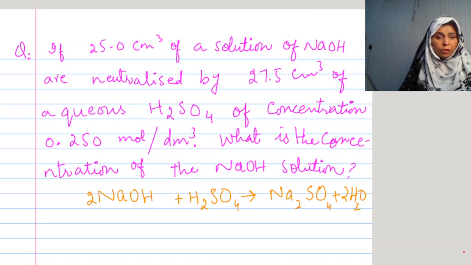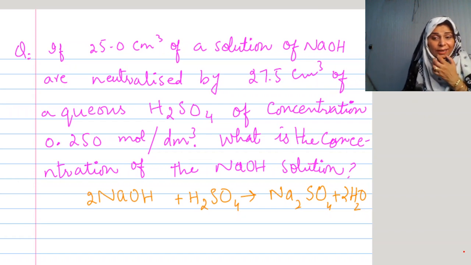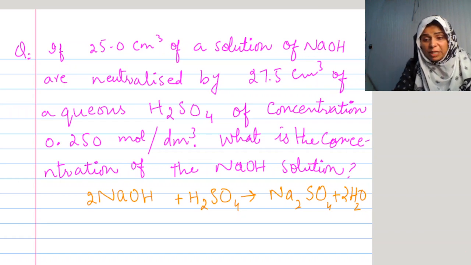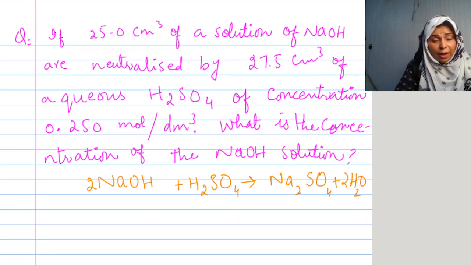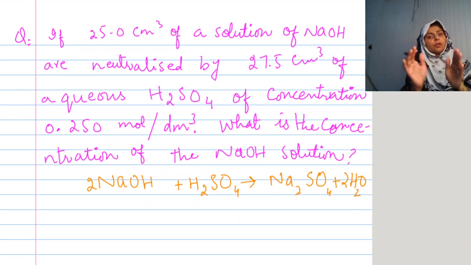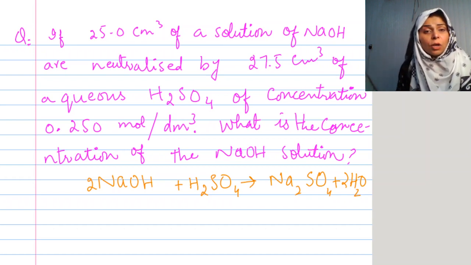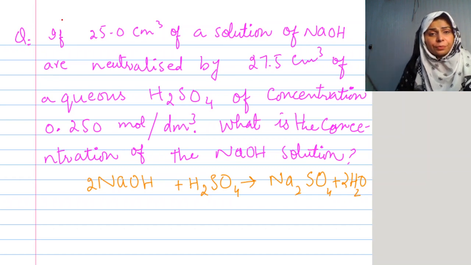Okay, first of all, we will check what we have and what we'll get. The first point is what we have. Read the question carefully if you want to give a very good and exact answer. So what is the question?